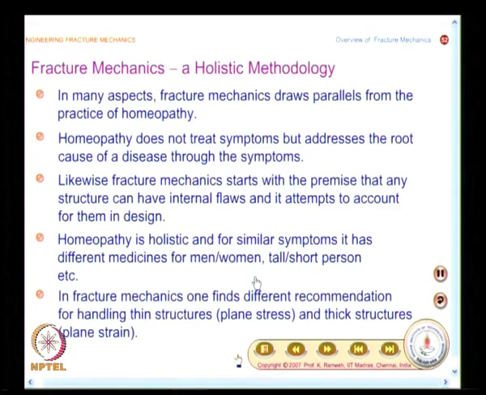Something very similar to that happens in fracture mechanics also. You have recommendations separately for thick specimens and for thin specimens. So, for thin structures which are under plane stress, you have a different recommendation, and for thick structures which are in plane strain, you have a different recommendation.